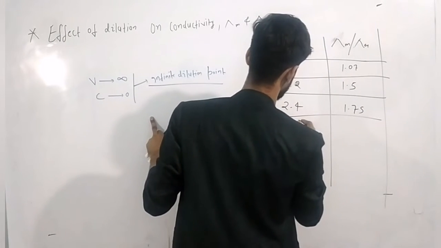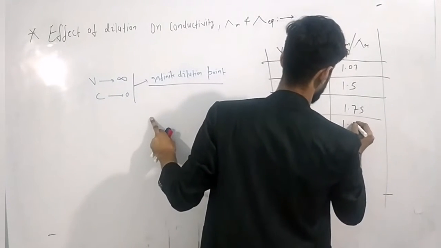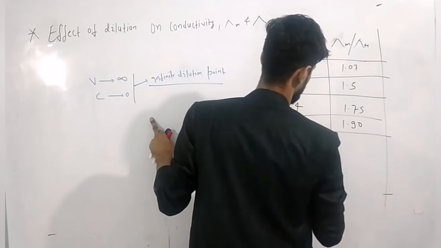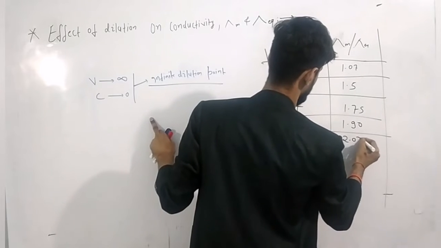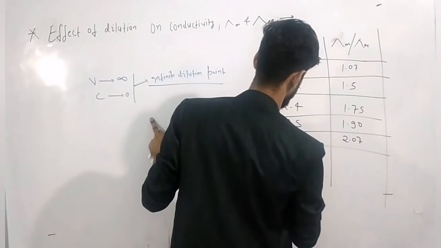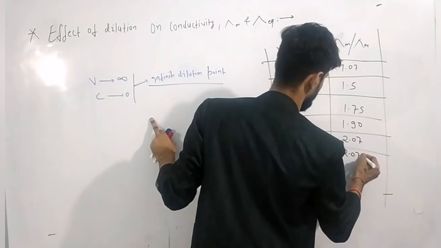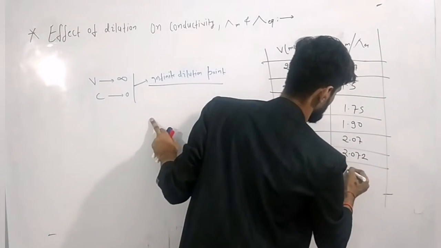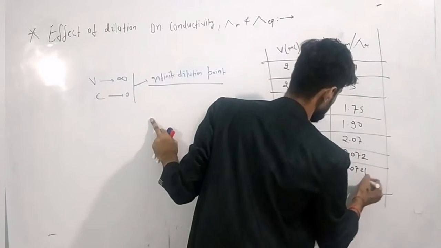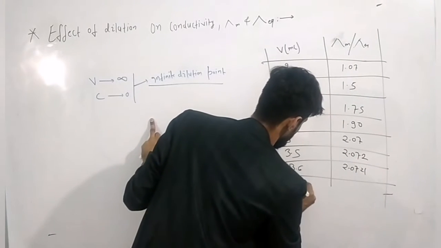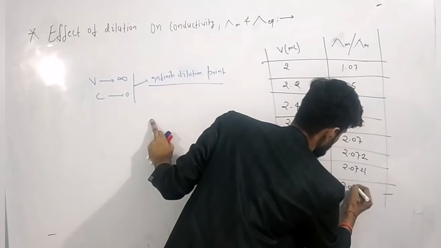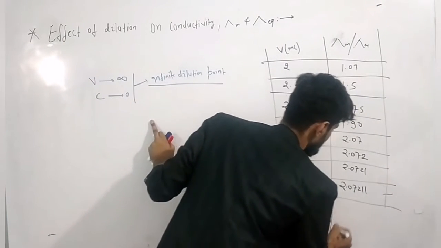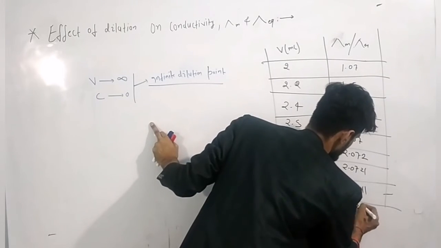At volume 2.5, kappa molar is 1.90. At volume 3, kappa molar becomes 2.07. At volume 3.5, it is 2.072. At volume 3.6, it is 2.0721. At volume 3.8, it is 2.07211.